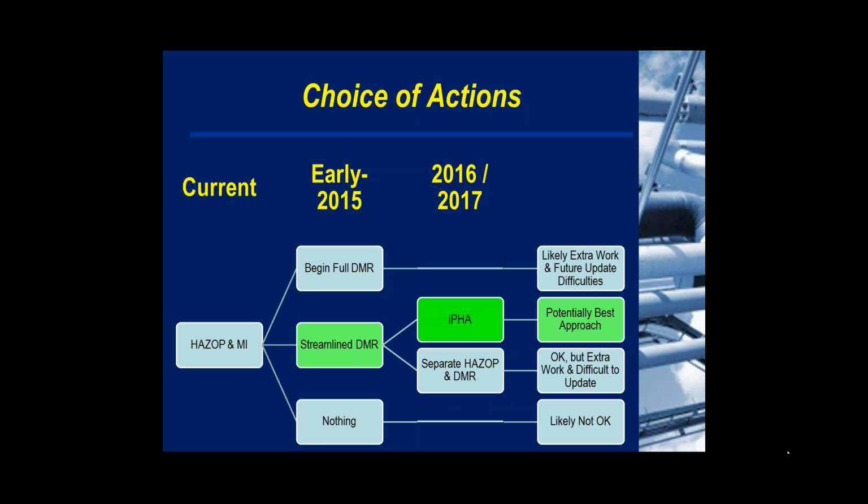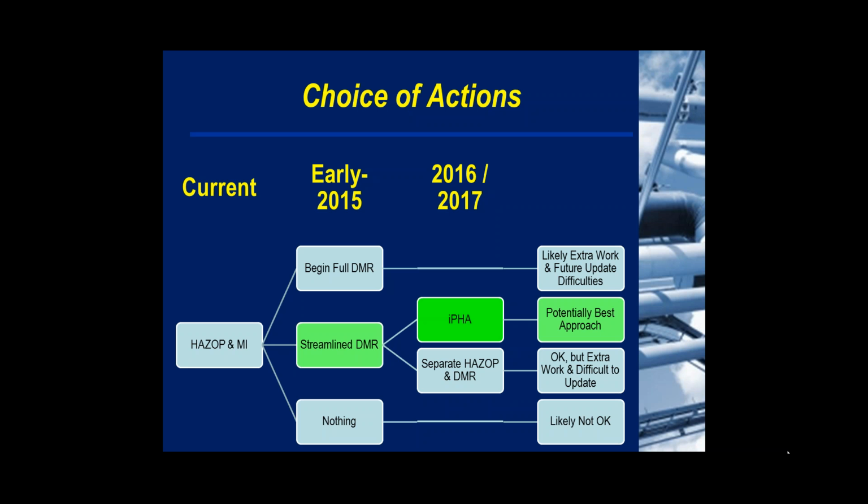So now that we've defined all the things that you know are going to be part of DMR, let's look at the options and timing for rollout so you can develop a program at your facility. As I mentioned before, the bottom line here, not the bottom line as in what you want to do, but in terms of the bottom line on the slide, is that you have a choice of doing nothing.